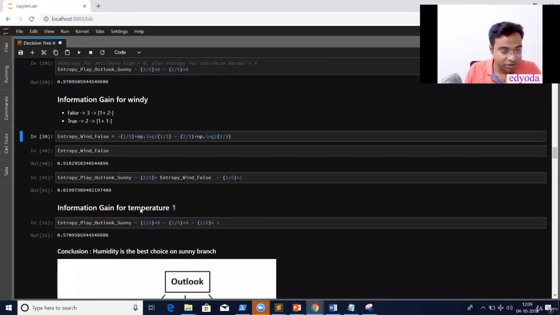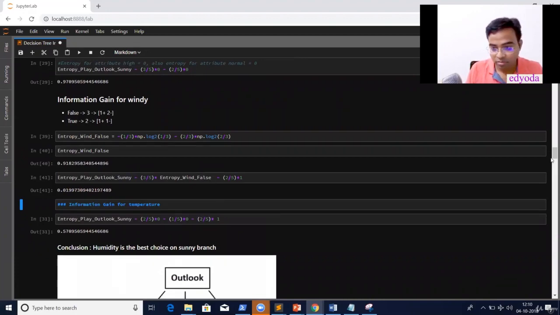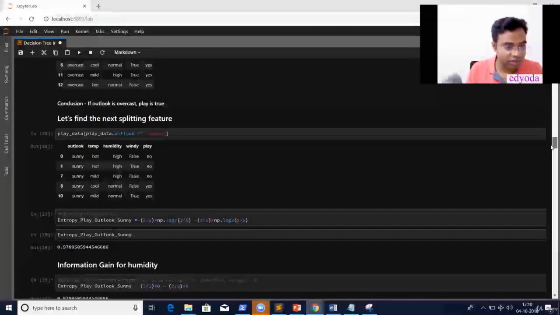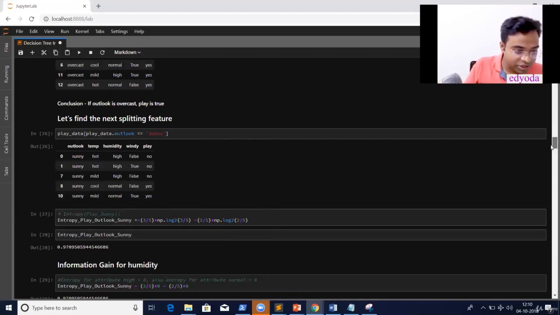In case of temperature, for the data which comes here, you can see there are 3 classes: hot 2, mild 2, and cool 1. Hot 2 means it is always no, right?